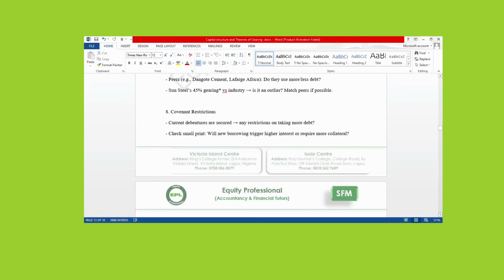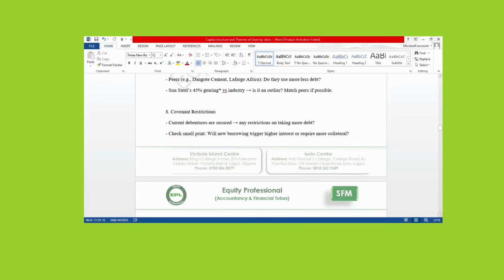Currently, debentures are secured. The company has 5 billion debentures. What are the conditions attached to these debentures? The conditions are called the covenants.